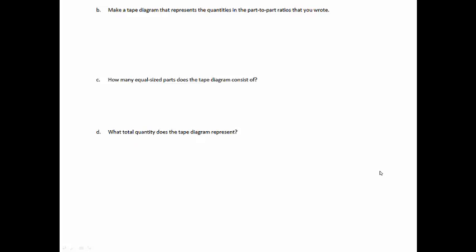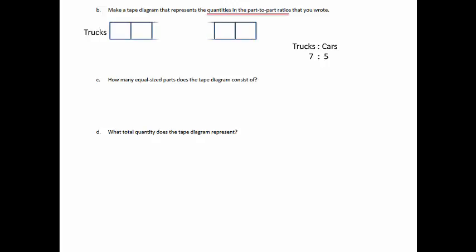Let's take a look at Part B. We want to make a tape diagram that represents the quantities in the part-to-part ratios you wrote. Well, if you remember, we wrote 7 trucks to 5 cars. And so we're going to draw a tape diagram that represents those 2 quantities. The quantities are the numbers. So the number of trucks was 7, so we make 7 boxes.